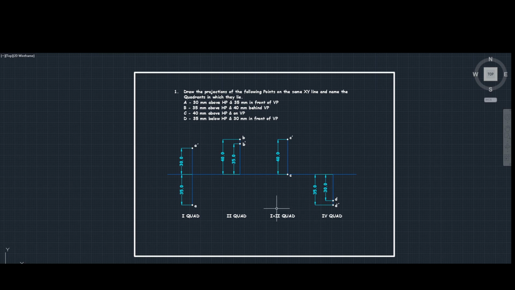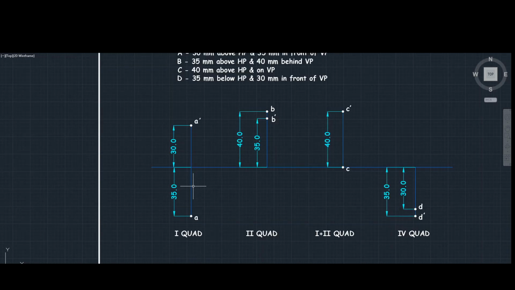It should look good. Then as this is projection of points, you should know what to highlight. Here you are highlighting the points. That is, this is the front view and this is the top view, so that should be highlighted in 2B. A dash and A also in 2B, thick and dark, should be seen clearly.